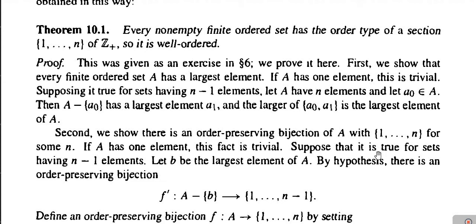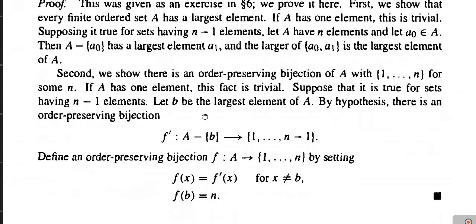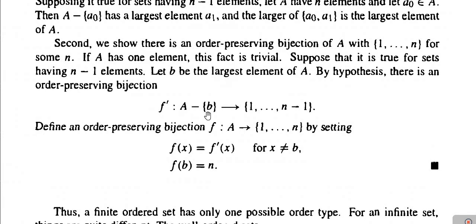Next, suppose that this statement is true for all sets having n-1 elements, and let b be the largest element of the set A. Then by our hypothesis, there is an order preserving bijection from the set A minus {b} with the set {1, 2, ..., n-1}, because we have supposed in the second step of the mathematical induction that for every set having n-1 elements, this statement is true.